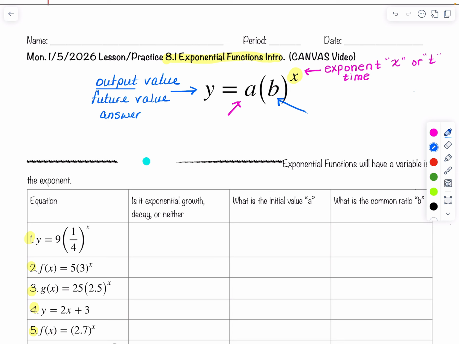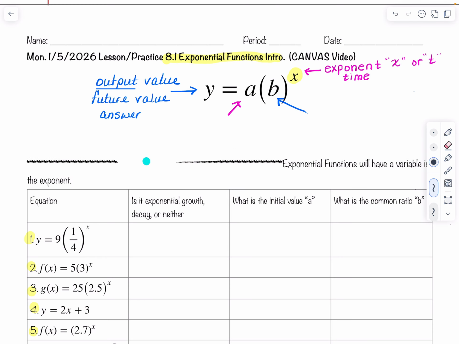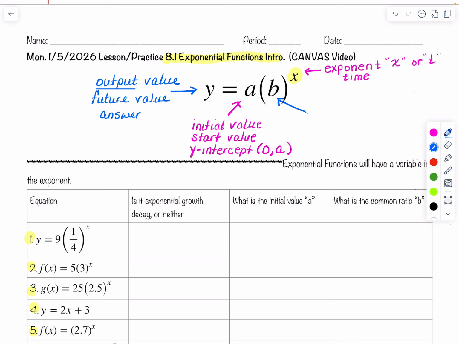Now, the other two variables, a and b, are actually going to be numbers in the equation. The a is going to be our initial value, our y-intercept, or our starting value. What did we start with? The one that you're going to hear me use the most is, what's the initial value?